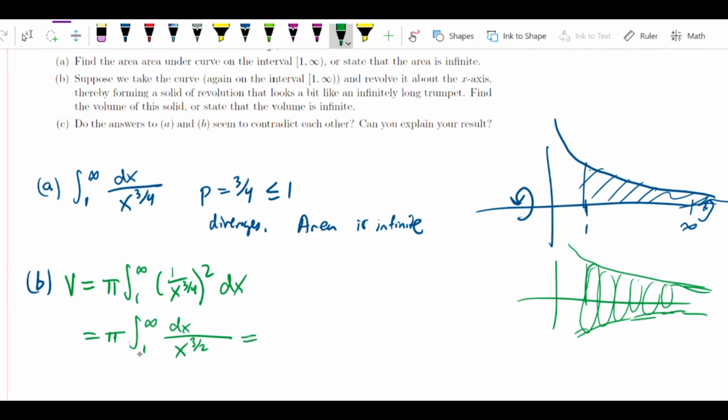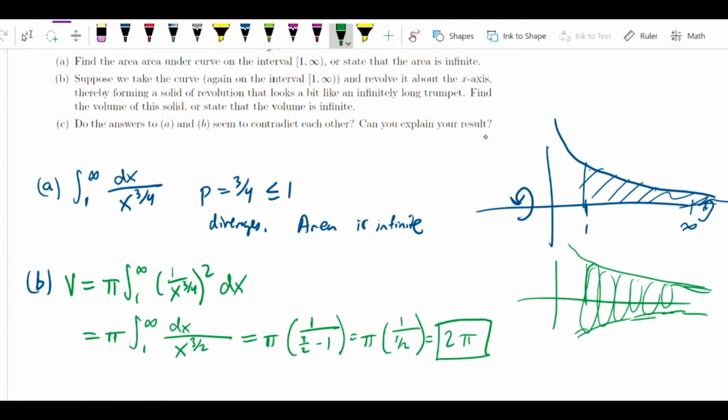For the value of the p integral on the interval 1 to infinity, the formula is just 1 over p minus 1. So I have a pi outside there, and this is going to be 1 over 3/2 minus 1, which is pi times 1 over 1/2. That's going to be 2 pi. So you actually get a finite amount of volume.